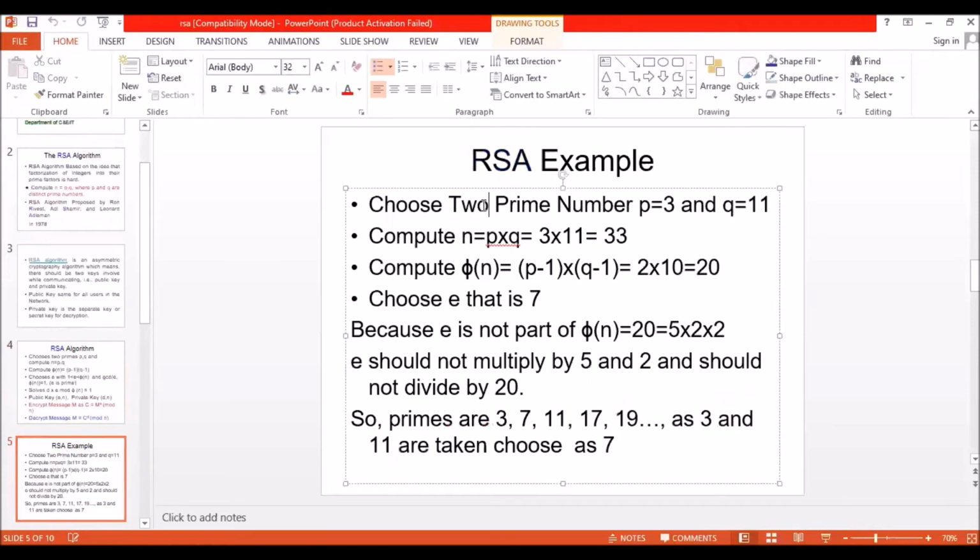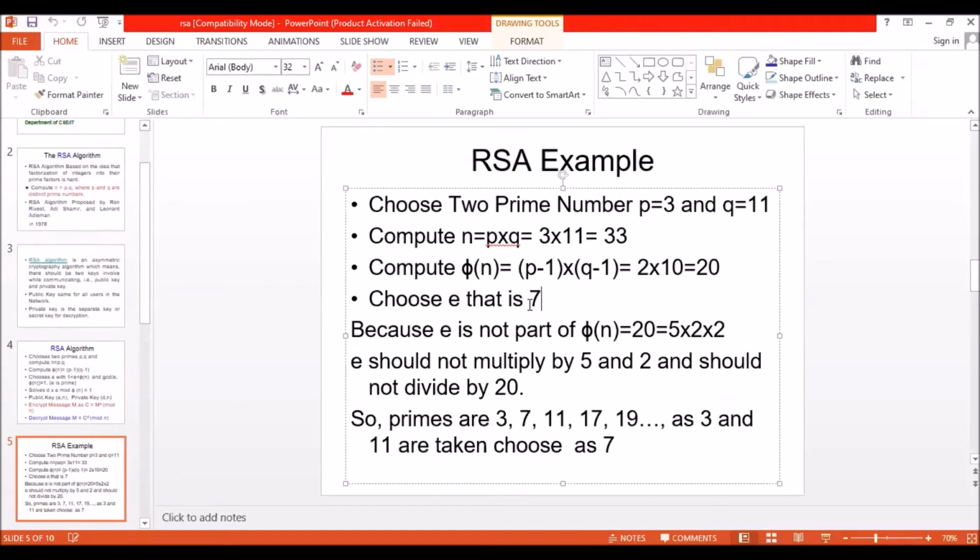Number one, we take the two prime numbers p equals 3 and q equals 11. We are taking small prime numbers because the calculation is very heavy if we take large prime numbers. Then we compute n equals 3 into 11 equals 33, and compute phi of n equals (p minus 1) into (q minus 1) equals 20.